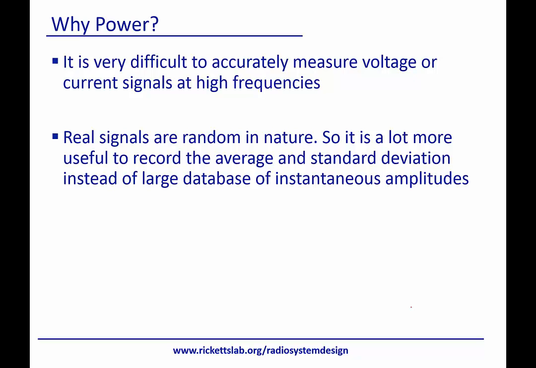And if we're looking at a random signal, we can talk about its random properties. But the average power of that signal generally stays the same. So if I'm looking at your cell phone signal coming out, I probably can tell you exactly what its power is over the entire conversation. It'd be really tough, unless I captured exactly all the data, to figure out what exactly the voltage and currents were. So this is another reason why power is useful.